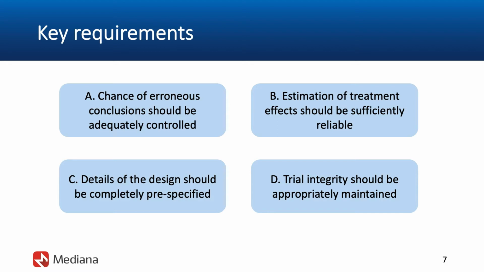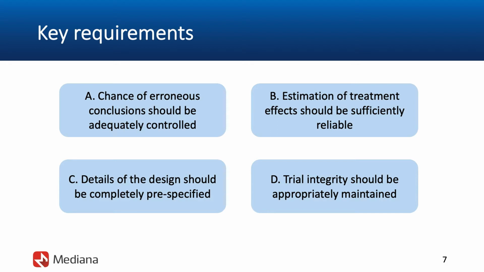And as you can see here, the 4 topics of most regulatory and scientific significance in the context of adaptive designs deal with the requirements to control the likelihood of erroneous, incorrect conclusions, and that probability should be adequately controlled.